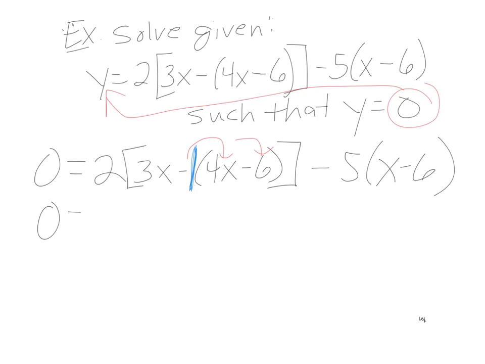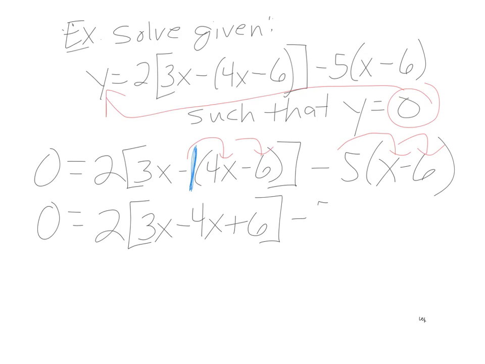So we have 0 equals 2 bracket 3x, then distributing the negative 1, minus 4x plus 6, and close. And I can take the negative 5 and distribute. Make sure you include the negative. Negative 5x plus 30.